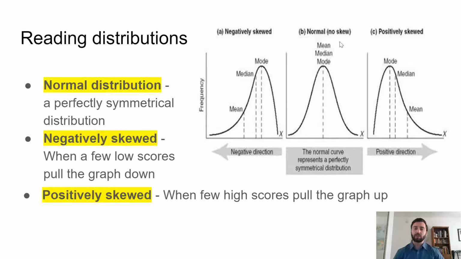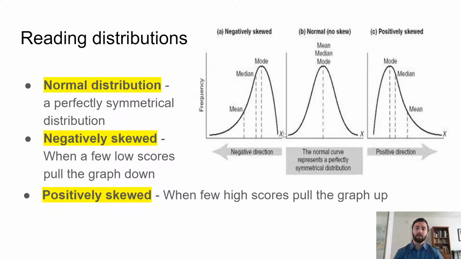Now, generally speaking, what we would expect is to find a normal curve when it comes to height, because most people are going to be average height. That's why it's called average height. Most everyone is going to be pretty close to a certain range. As we get shorter and shorter, there's going to be less and less people. We're going to find that there's less and less people under, let's say, 4 feet tall.